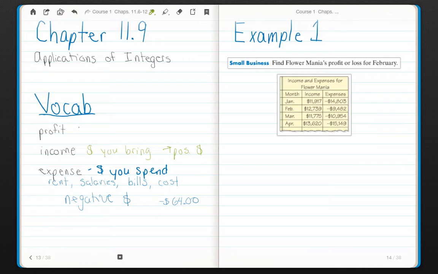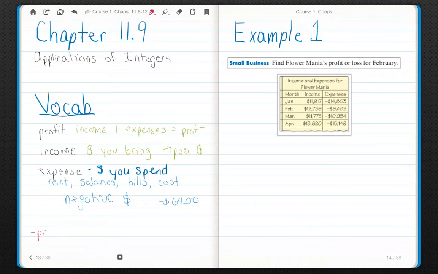Okay, so the profit is when you add income plus expenses equals your profit. Now, if profit is negative, let's back that up, hang on.